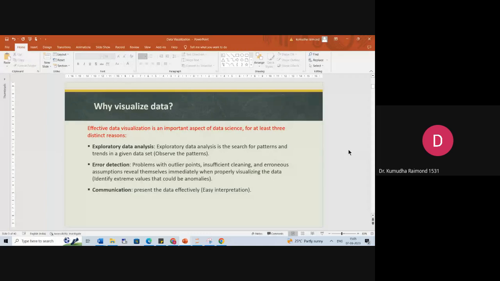But by plotting all these data points, or visualizing them using plots, any type of plot will help me find out whether there is erroneous data or outlier data in the given data set.